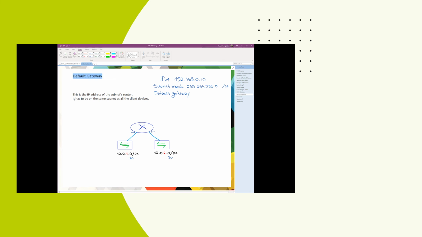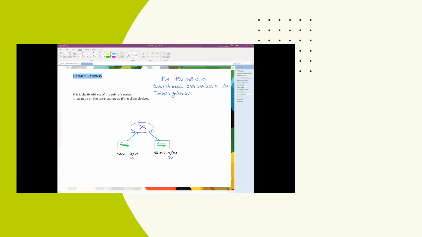What does it say here? It has to be on the same subnet as all the other client devices. Why? As I said before, this range will never speak with any other range. So this very specific interface on the router needs to be part of this subnet.